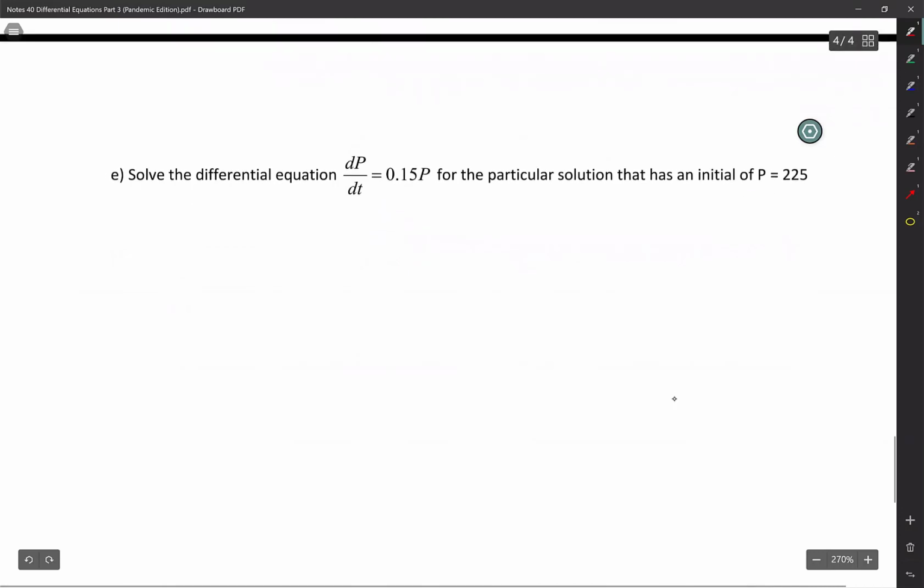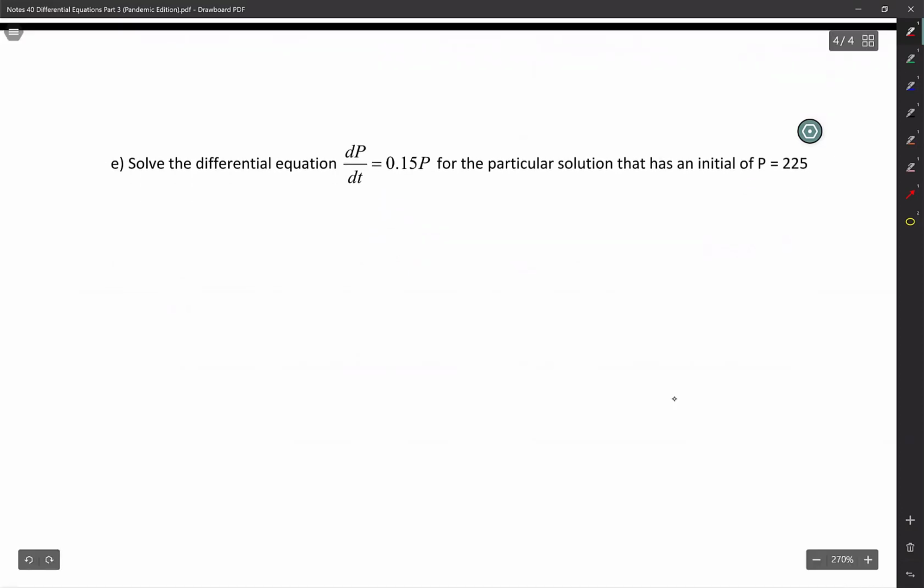Ooh, so now they change it up on me. Now they say, solve the differential equation dp dt equals 0.15p for the particular solution that has initial p equals 225. Okay, again, if you recognize it, does this look like this?